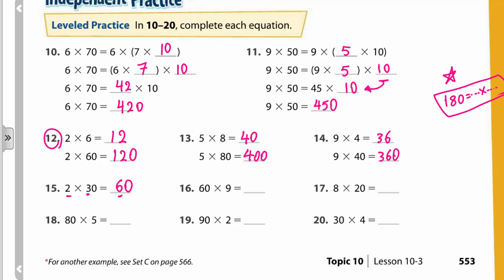Rida, question number 16. Yes, teacher. Quickly, Rida. Say your answer quickly. Rida, what is 6 times 9?